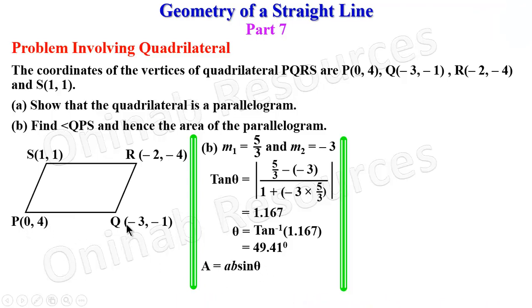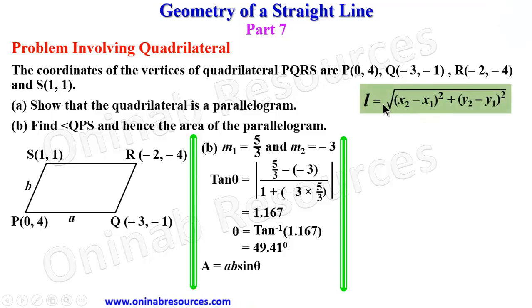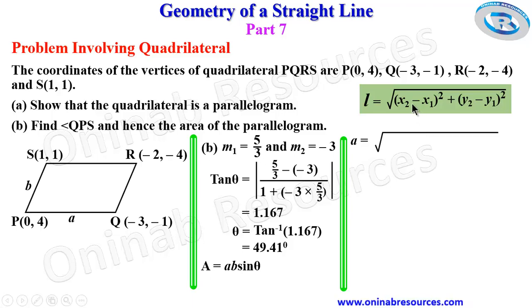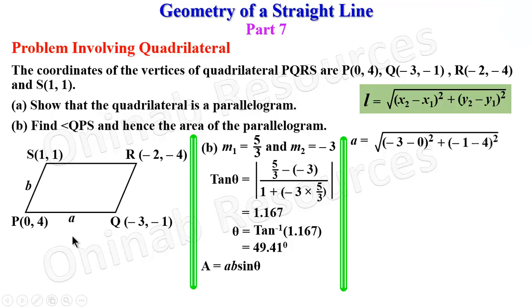So we are going to take PQ as A and at the same time take PS as B, which means we are going to find the length PQ and length PS. So we still have our formula for calculating length. Starting with A, remember we are taking this as x2, which is minus 3 minus 0 all squared, plus negative 1 minus 4 all squared, and that will give us a square root of 9 plus 25, which gives square root of 34.